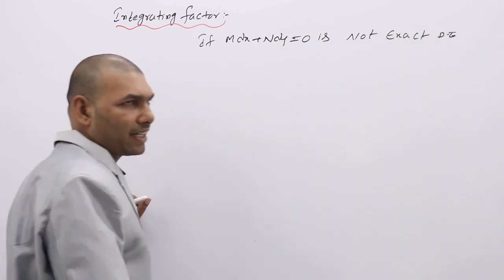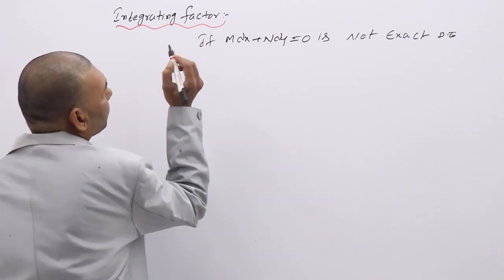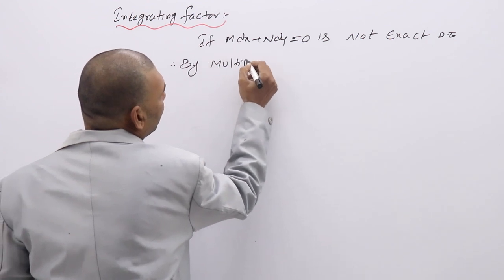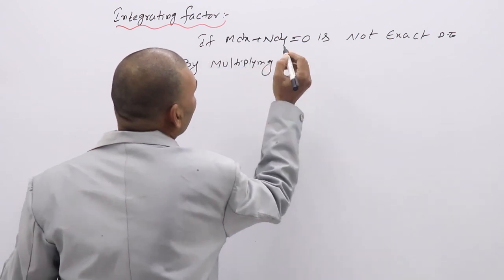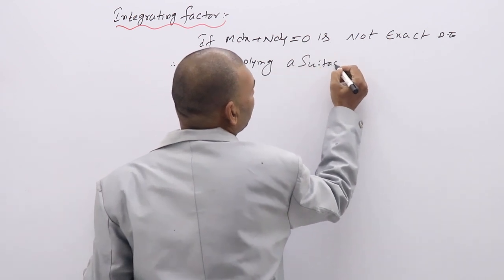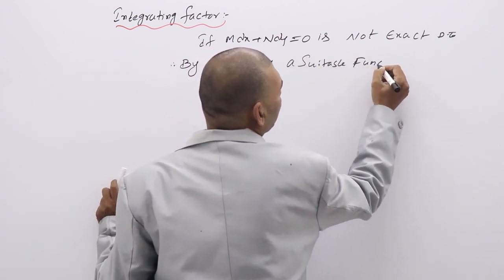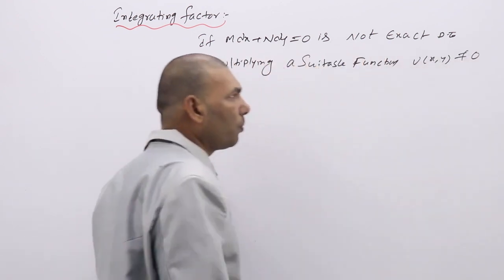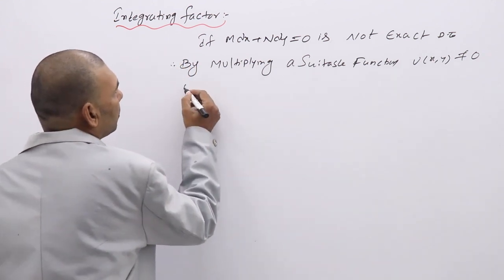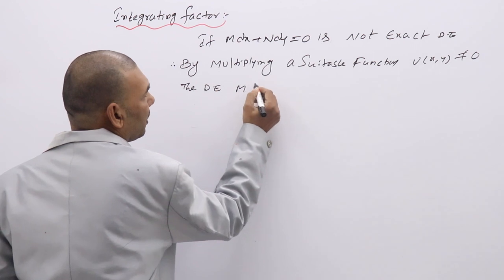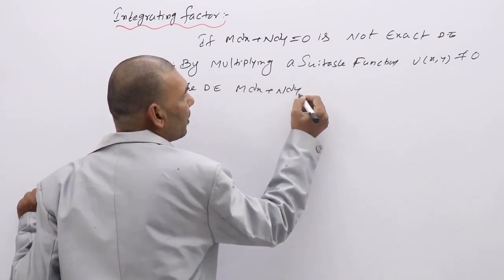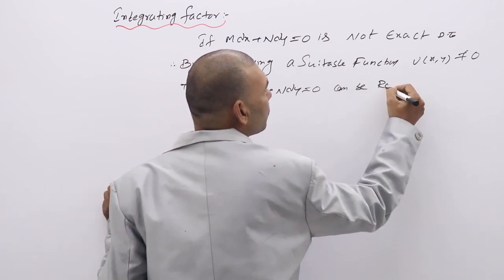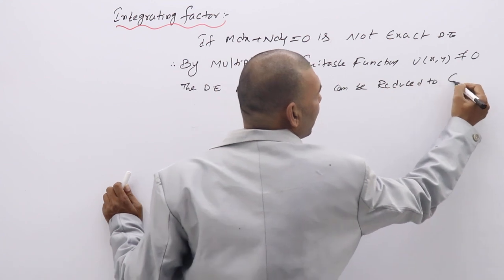When it is not exact, then by multiplying a suitable function u of xy, which is not equal to 0, the DE M dx plus N dy equal to 0 can be reduced to exact.